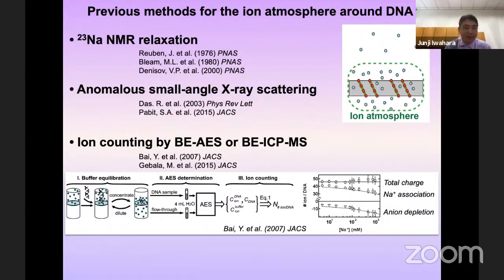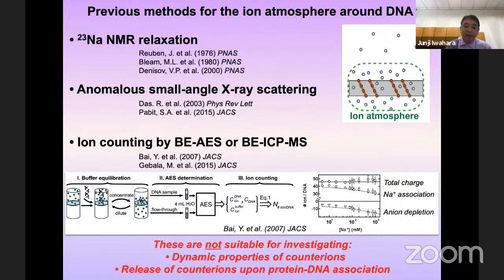But these methods are not really perfect. They are not suitable for investigating, for example, dynamic properties of counter ions and the release of counter ions upon protein-DNA association. So there is quite a lot of room for methodological development in this field.